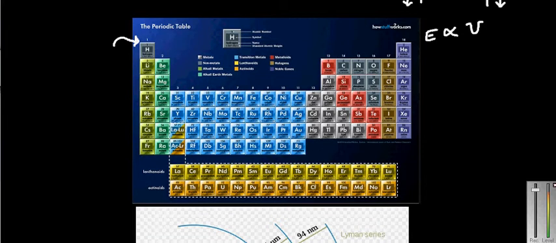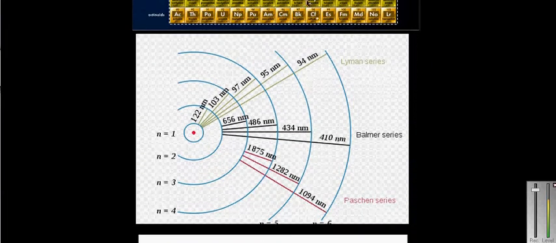Now remember, when we have our energy levels here, if we were to say this was our hydrogen energy levels, we have the energy level n equals 1 here, and then we have n equals 2, and as we go further, we have more and more energy for our electrons. N equals 3, and n equals 4, and so on and so forth.